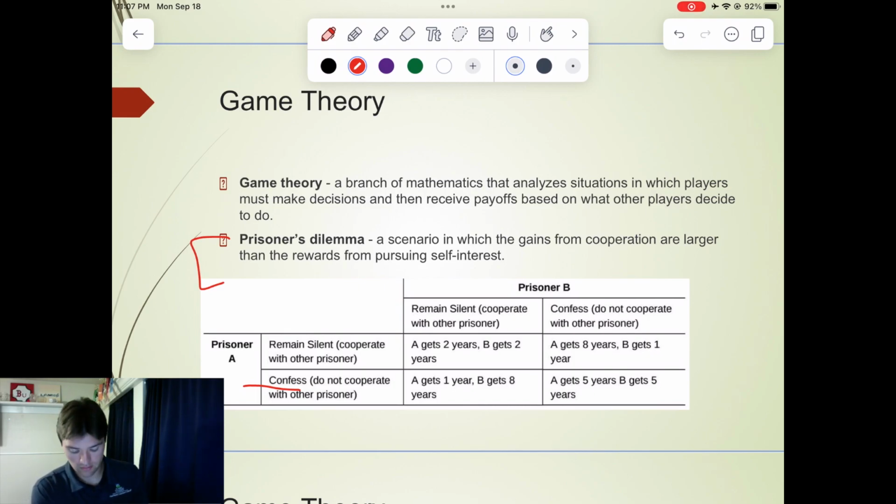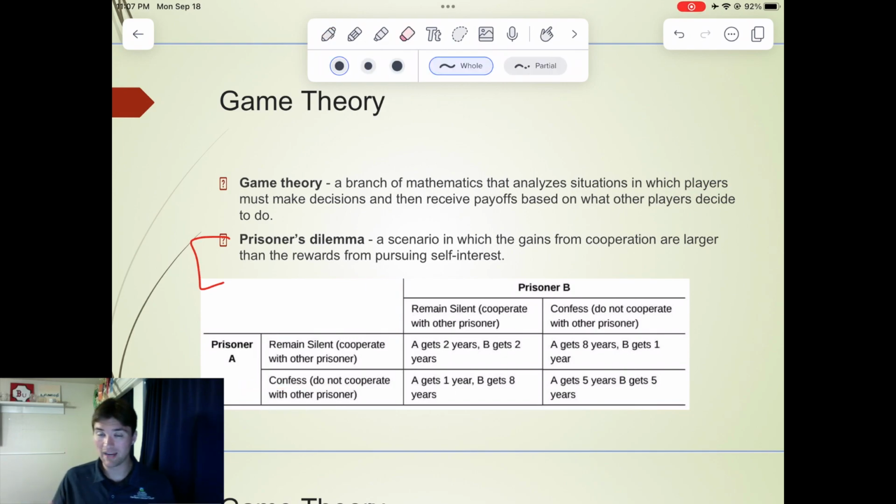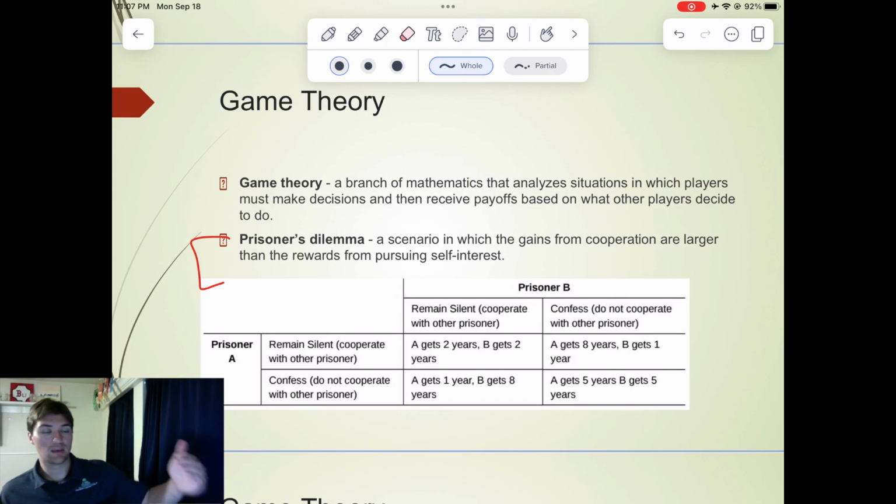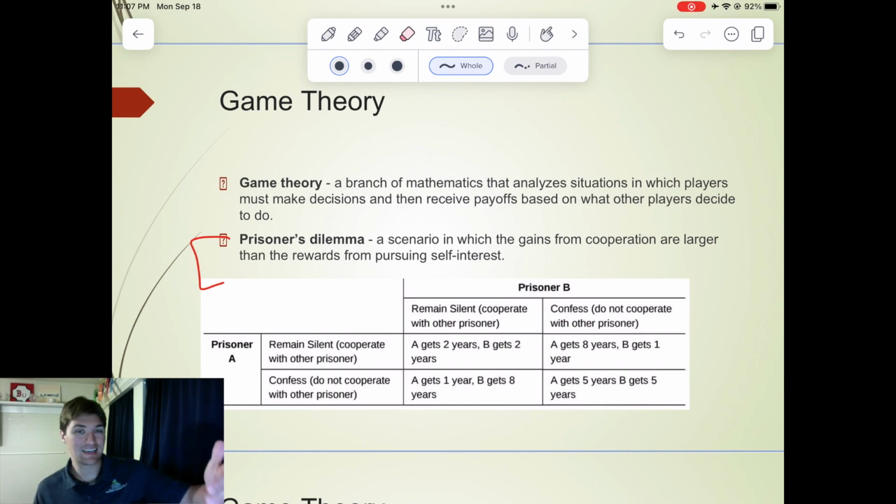Or are you going to remain silent? So prisoner A is thinking, my decision is based on prisoner B. If prisoner B stays silent, that's going to affect my time in prison.